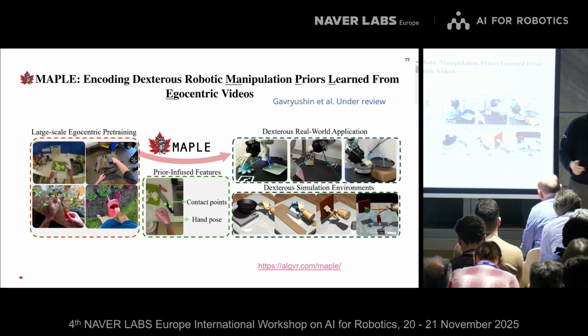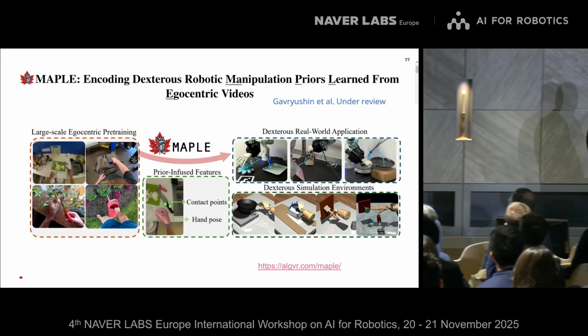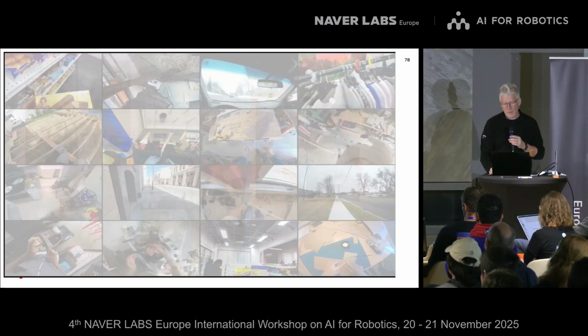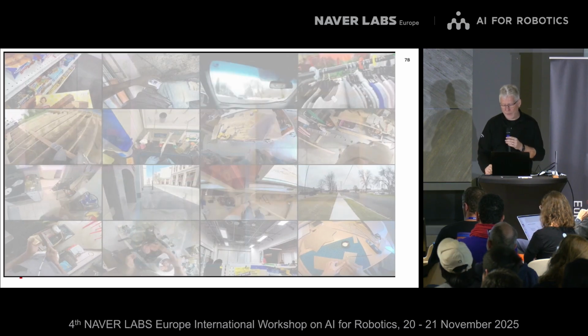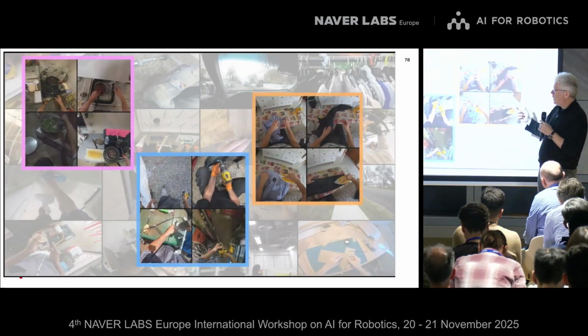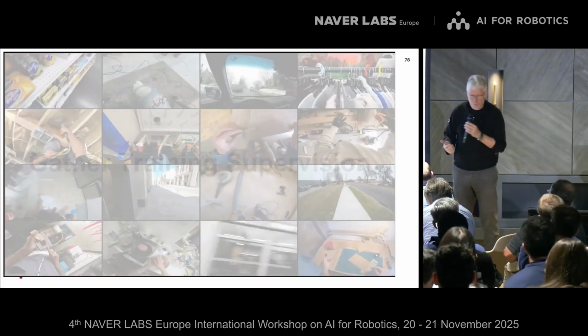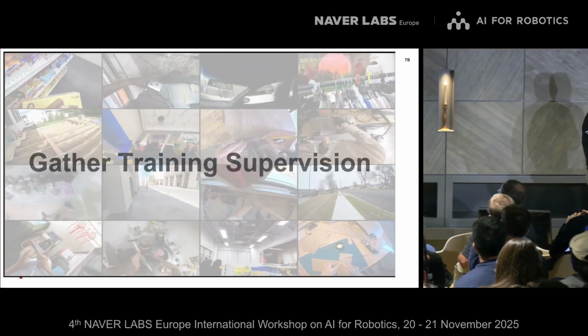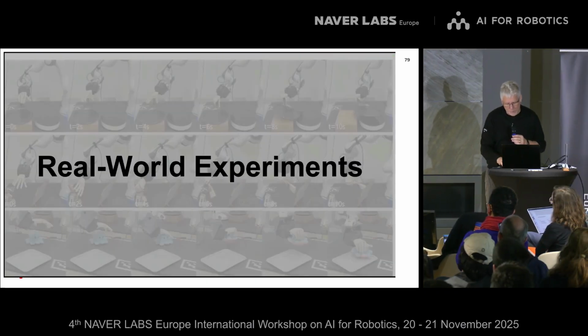And by doing that, we see significant improvements by leveraging that modified image encoder for the VLA. We see significant improvements in the grasps and in carrying out the task. So let me switch to the experiments here.